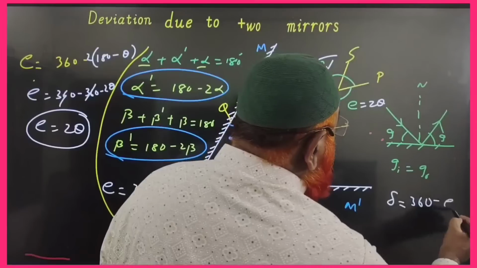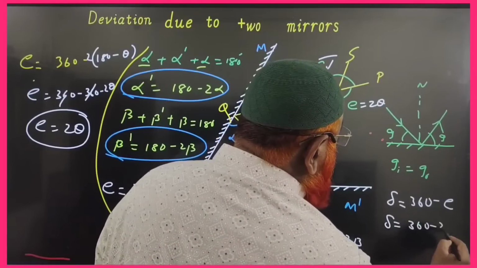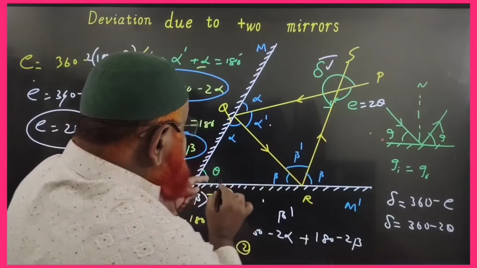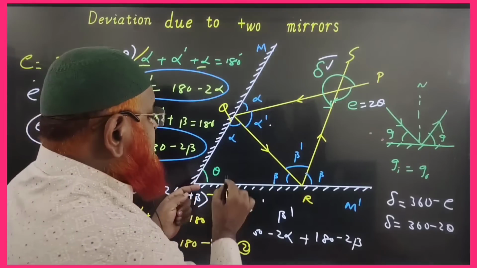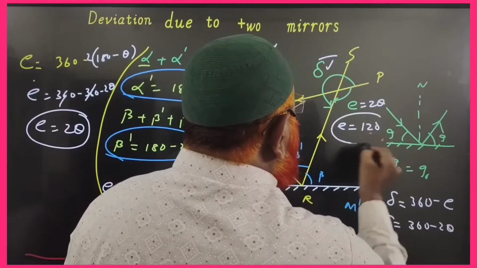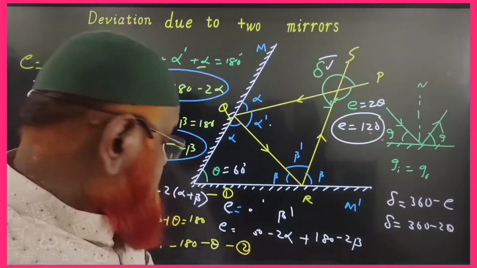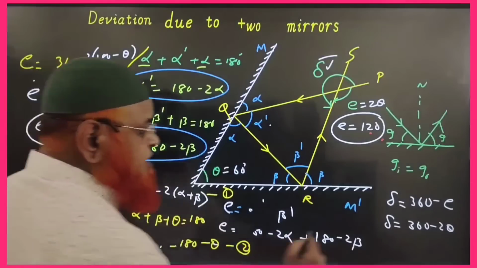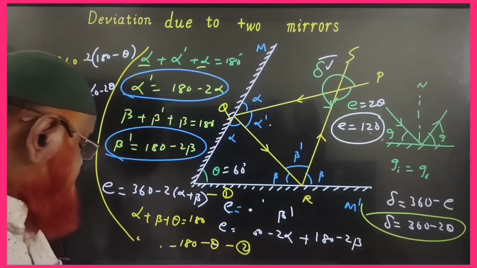So deviation is equal to 360 minus E. Always, exterior angle is double the angle between the two mirrors, isn't it? If theta is 60, exterior angle is going to be 120. There is one previous year question regarding this also. So this is our final step which you have to remember: deviation is equal to 360 minus 2 theta.